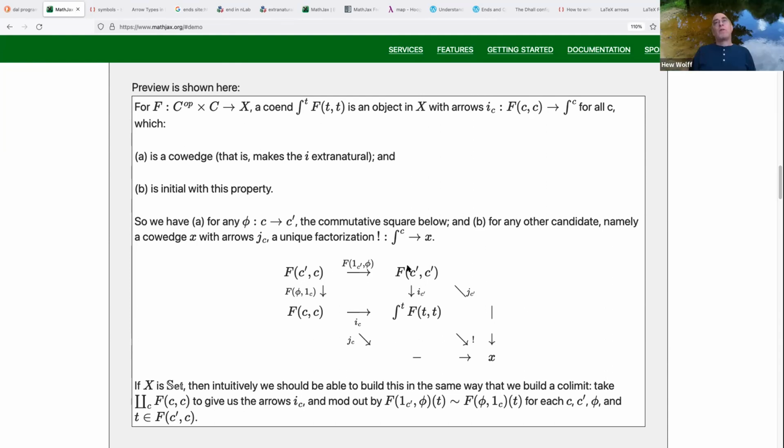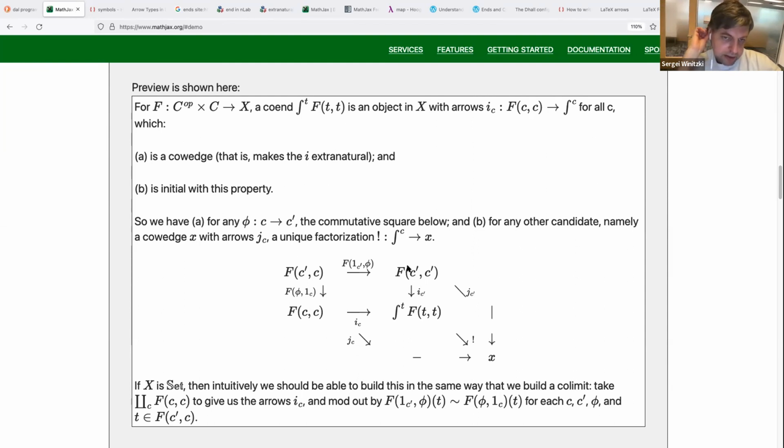These are in the diagram. These things are sets, and the things we're identifying are going to be elements of those sets. So I start from an element of the set F of c prime c on the upper left corner. I map it into an element of FCC down, and I also map it into another element of FC prime C prime over there.